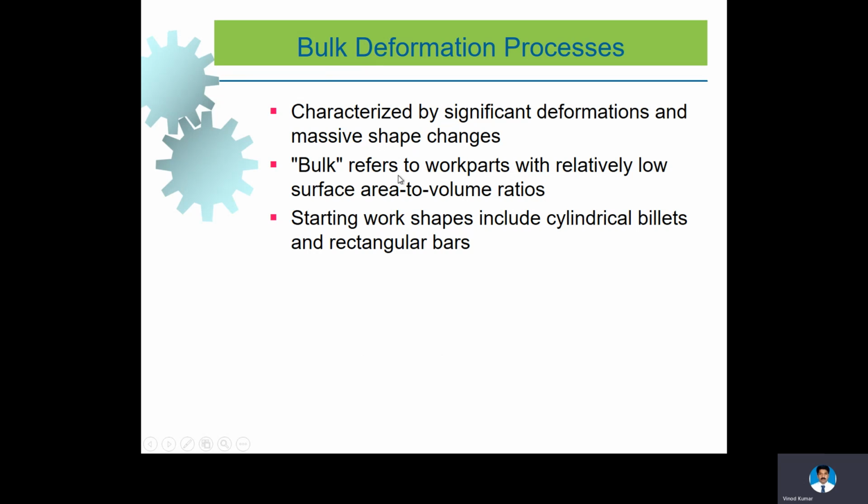Because of significant deformation, there is a massive change in the shape. Bulk refers to work parts with a relatively low surface area to volume ratio. So when the area to volume ratio is low, we call such operations bulk deformation.